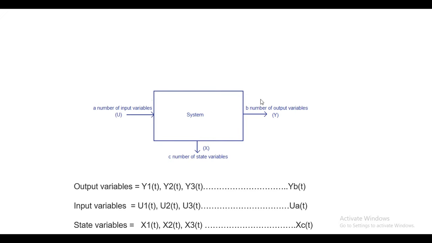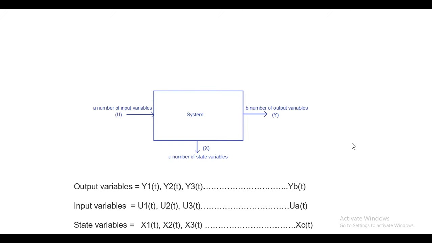So that's why we have to move towards state space analysis. Again I am repeating, if the system doesn't have any state variables like inductor or capacitor, then the system will be very simple: you apply the inputs, and as per the transfer function you get the outputs. But here there is a need to consider these state variables.